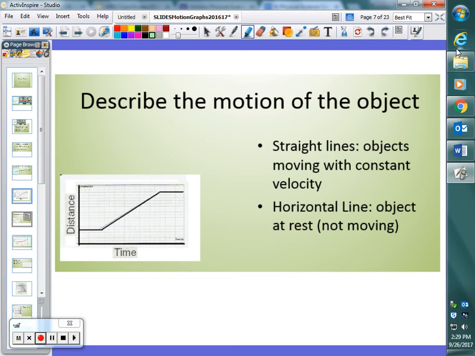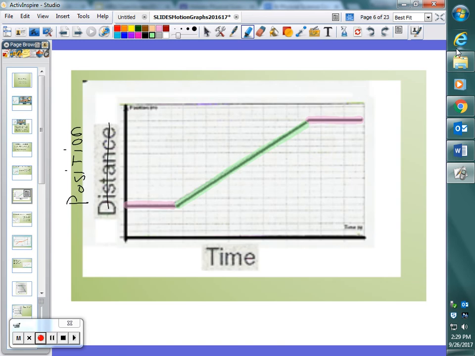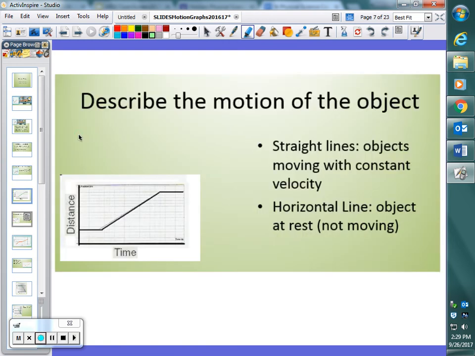If they're horizontal, which constant velocity are we talking about? Was the velocity constant during these pink sections? Yeah, it was constant 0, but it was still constant. So any straight line is constant velocity, and horizontal straight lines are 0 velocity.